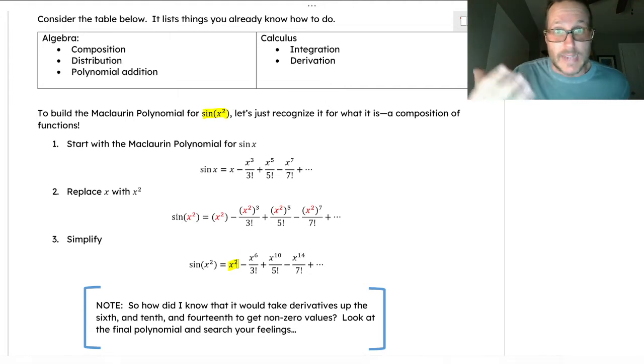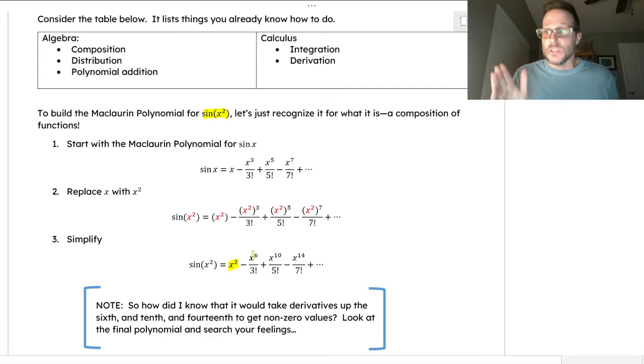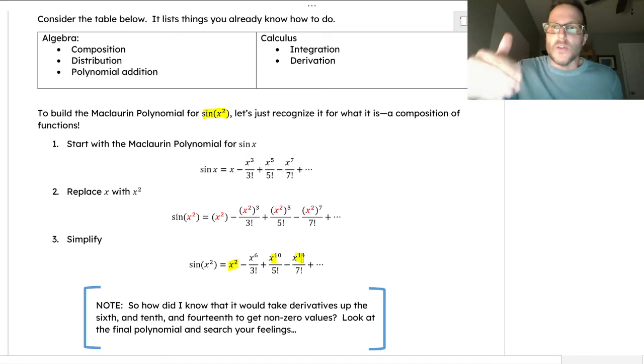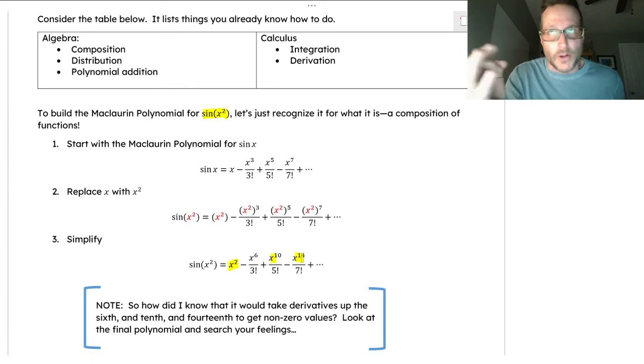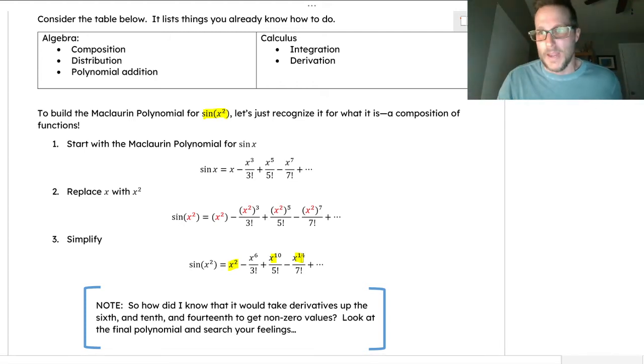The next power we get is x to the 6th, which means the next non-zero derivative is the 6th derivative, then the 10th derivative, the 14th derivative, and all the derivatives in between are 0. That's why it would have taken 14 rows of that table to get 4 terms. That would not have been fun.